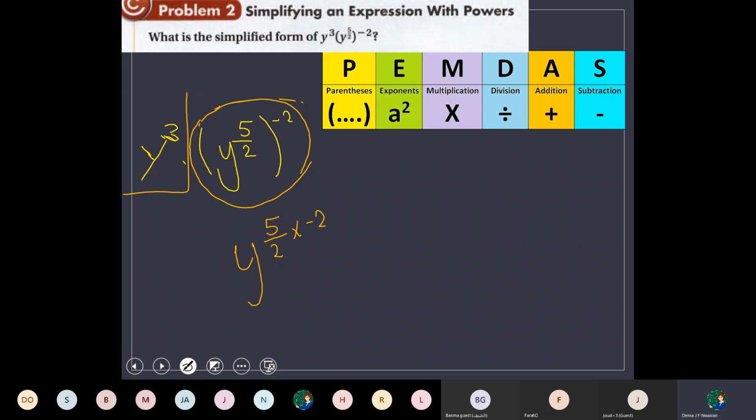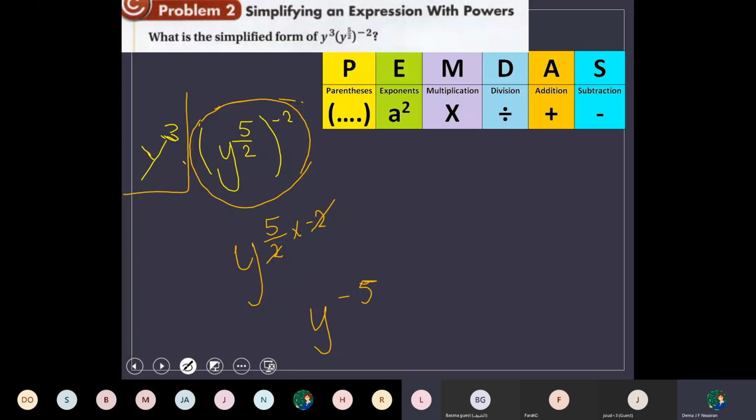I'm asking you about the numbers that are inside the circle: y raised to the power 5 over 2, then it is raised to the power negative 2. So the first step now, do the exponents. It will be y to the power negative 5. Is it clear now?